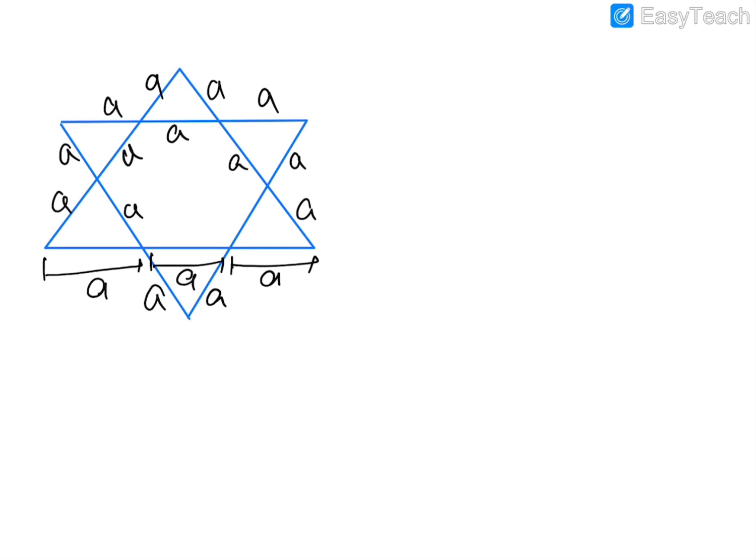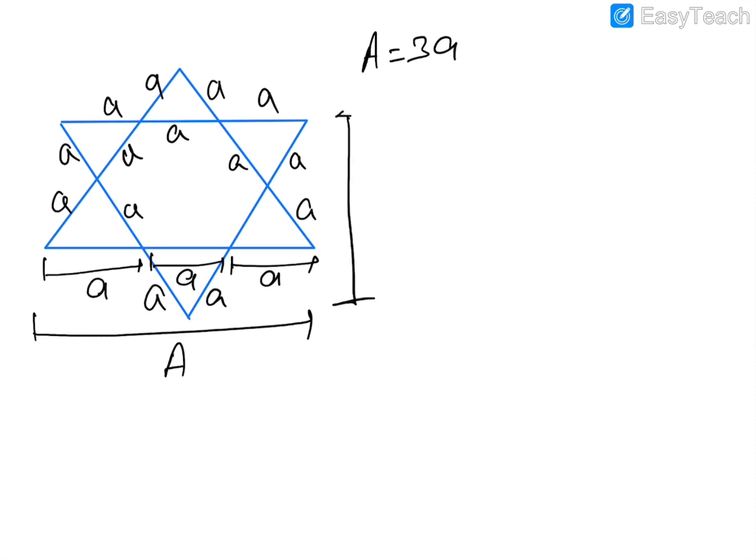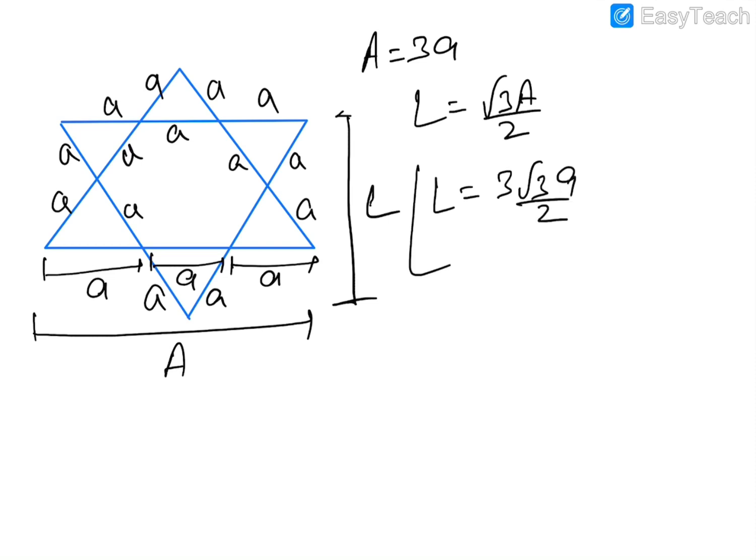So the side of the bigger triangle is A, so A is equal to 3a. And it is also given in the question that this height is L. So L is equal to root 3 A by 2, and L will be equal to 3 root 3 a by 2. I have substituted the value of A here.